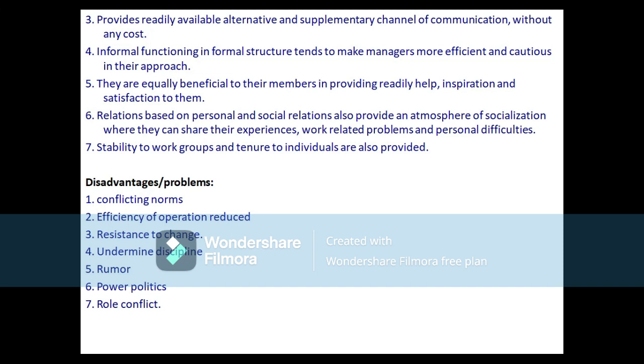Maintaining good relations with other people, love, a positive feeling towards other persons. All these lead to conflicts between the persons within the group. So that is role conflict. All these are the disadvantages of informal organizations.